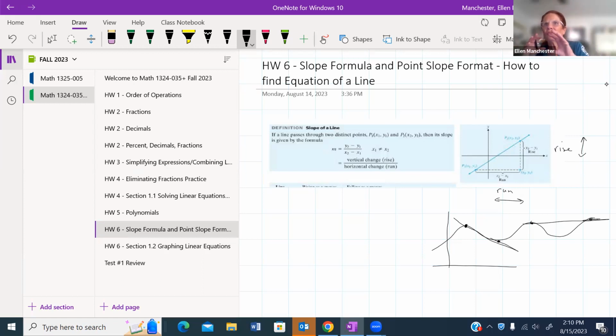Slope in business is super important because it tells you how things are changing. Are costs going up? That's bad for business. Is profit going up? That's good for business. Is revenue decreasing? That's not good. So you want to be able to find out where or why these things are going up and down and how they are changing.